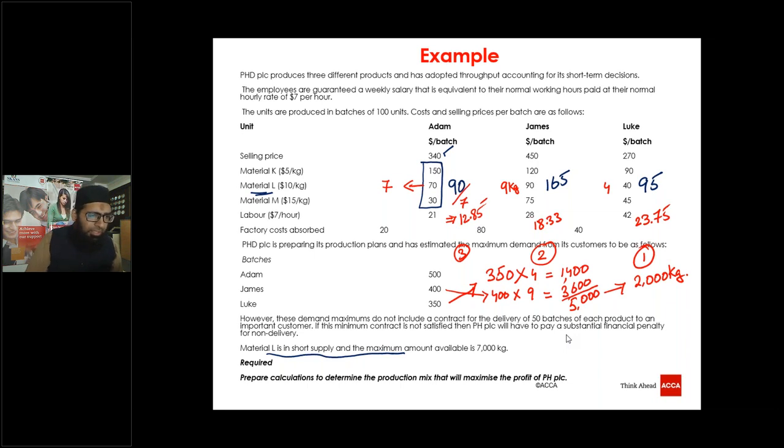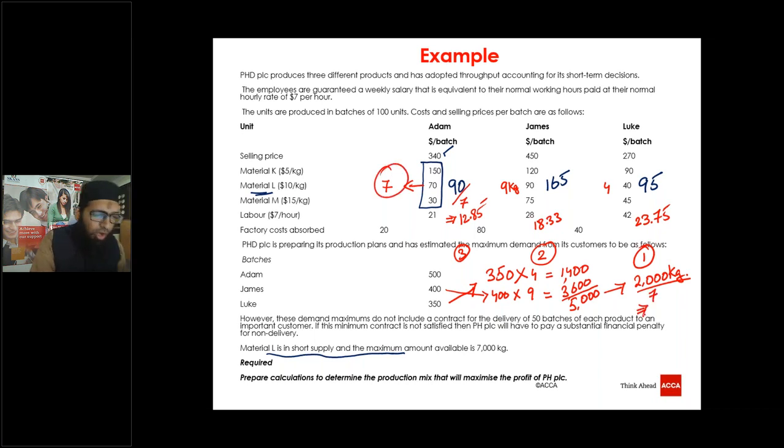Now, that means I can only produce as many units of Adams as I have material for. So I have 2000 kg of material and each unit takes 7 kg.